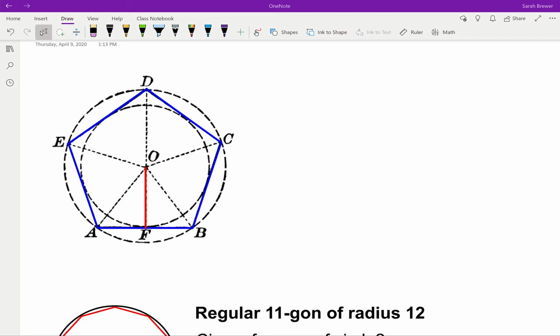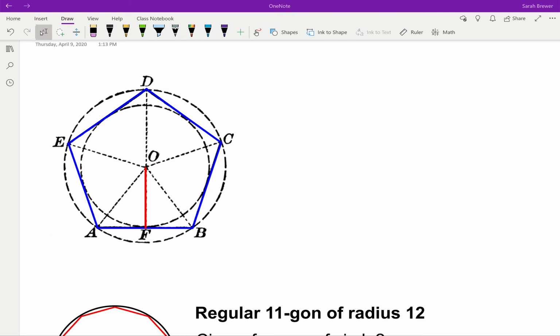There's the circle that's circumscribed about the polygon, and that's the one that touches it at each of the vertices of that polygon. And then you also have the inscribed circle that touches the midpoints of the sides of that polygon.